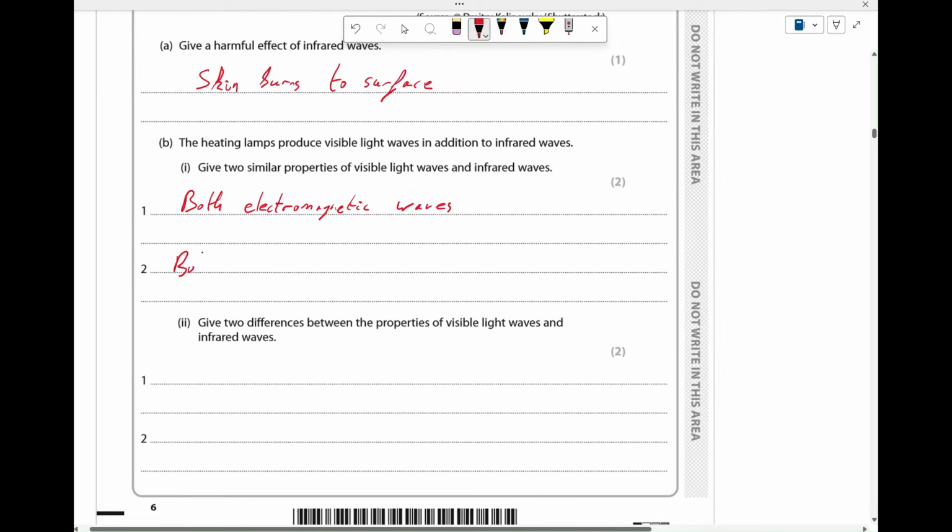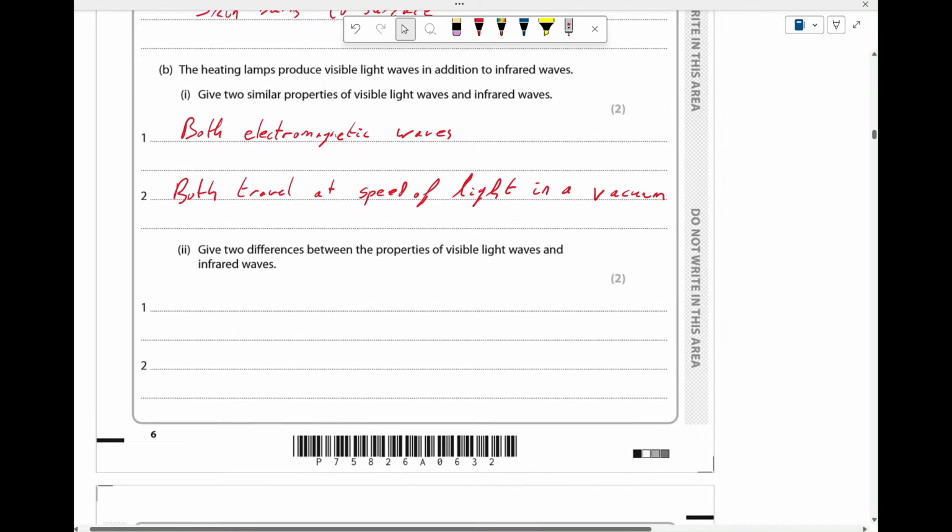They both travel at the speed of light, 3 times 10 to the 8 meters per second, in a vacuum. Something like this.